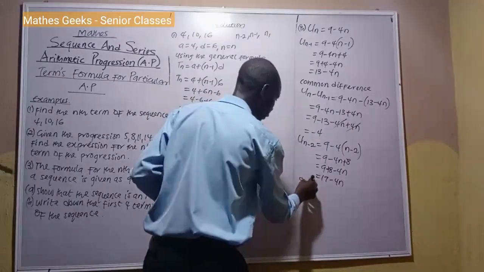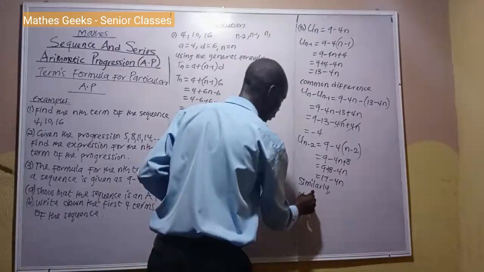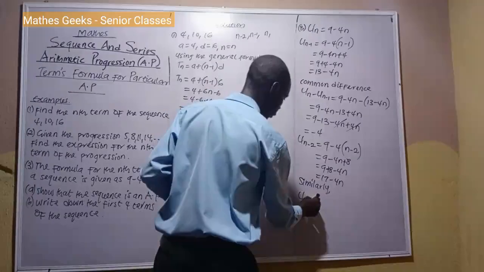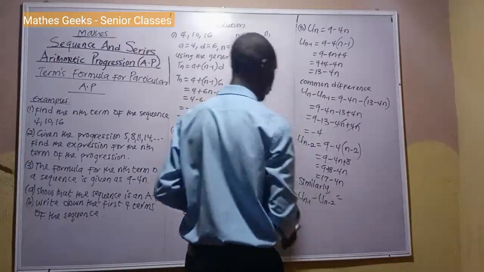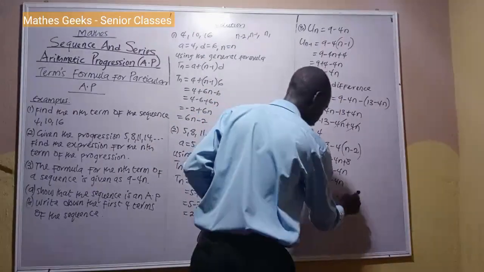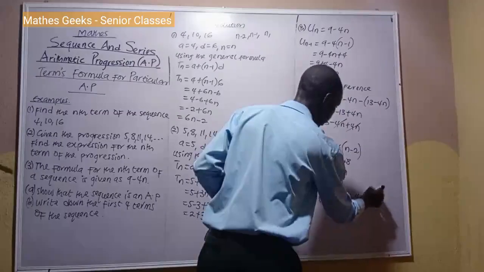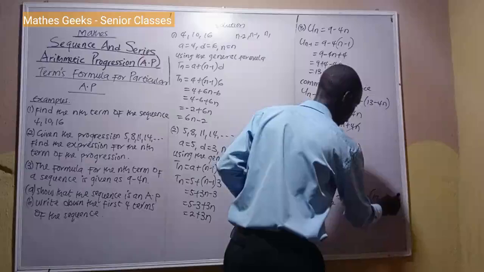Also, similarly, u(n-1) minus u(n-2). So u(n-1) is 13 minus 4n. 13 minus 4n minus u(n-2), which is 17 minus 4n.